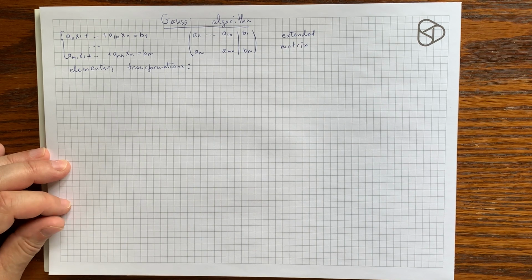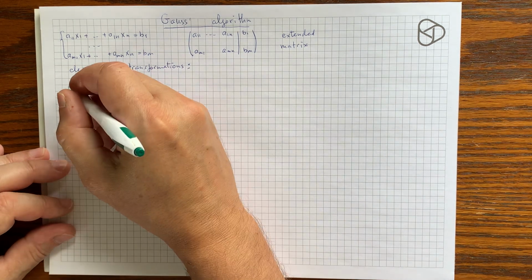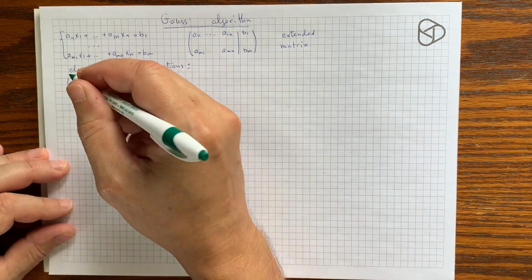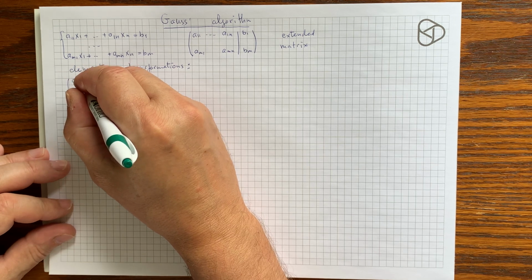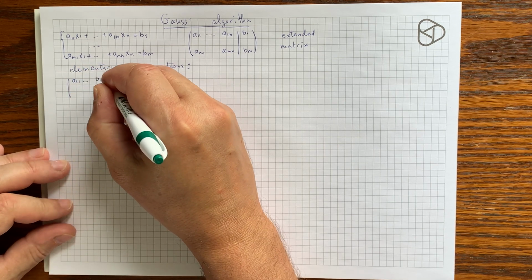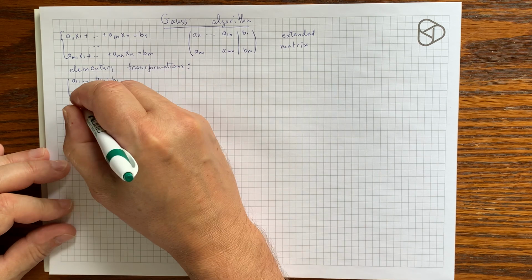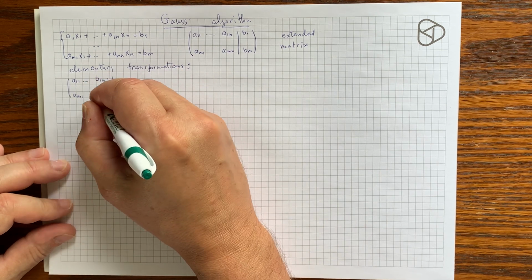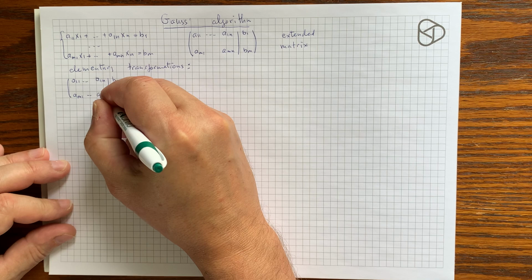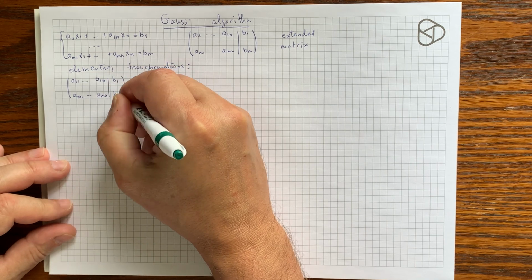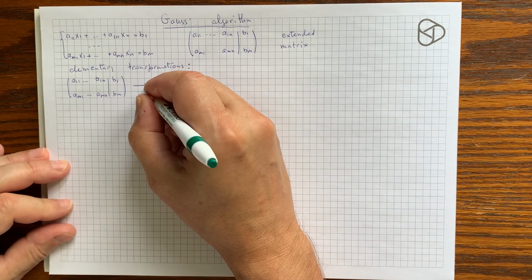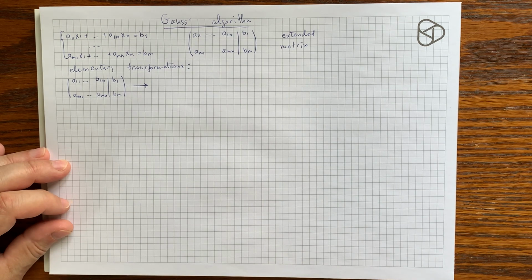And there are three types of them. They can be grouped into three classes. The first is just transforming one of the rows of our matrix, say the first one. That is a transformation which just takes a row and multiplies or divides it by a number.